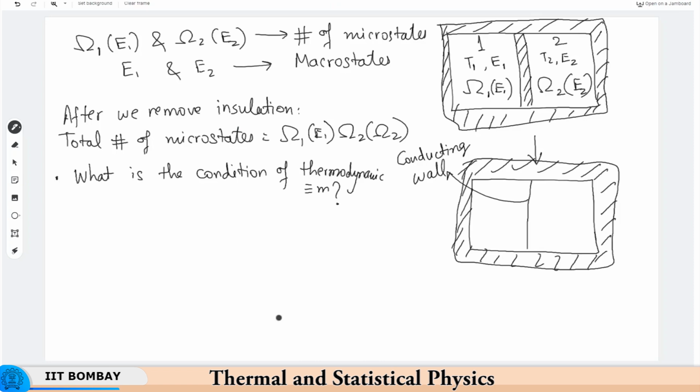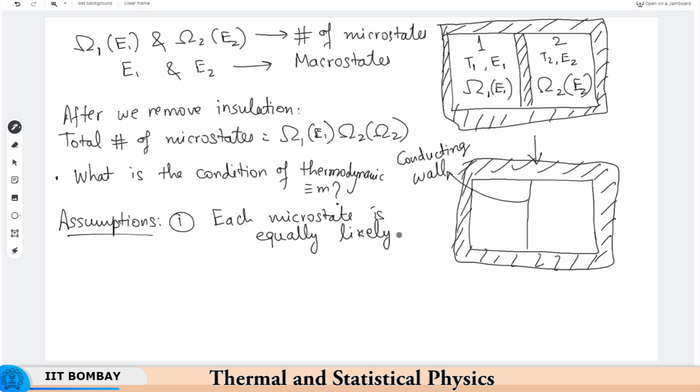But there are certain important assumptions that go into this statement, right. So, assumptions. There are certain assumptions that underpin this statement, that the thermodynamic state corresponds to the highest number of microstates, which is the following: that each microstate is equally likely.